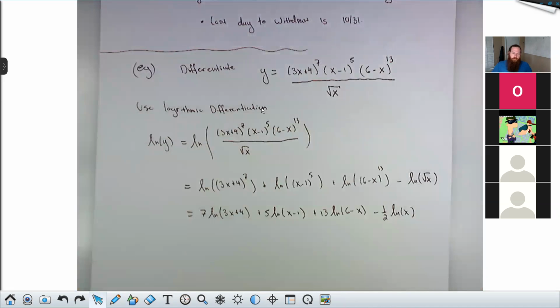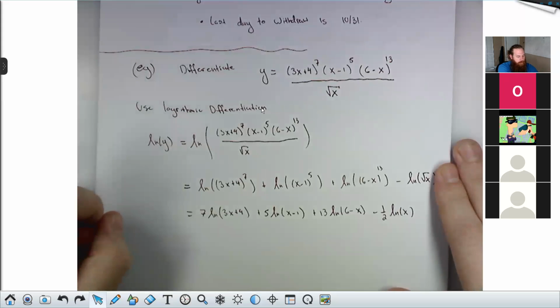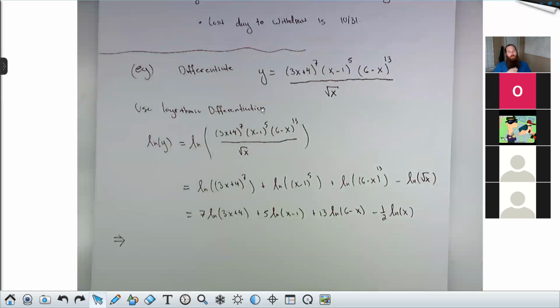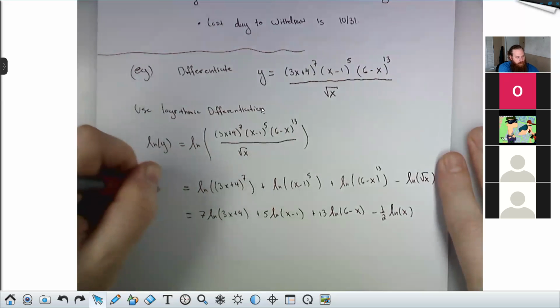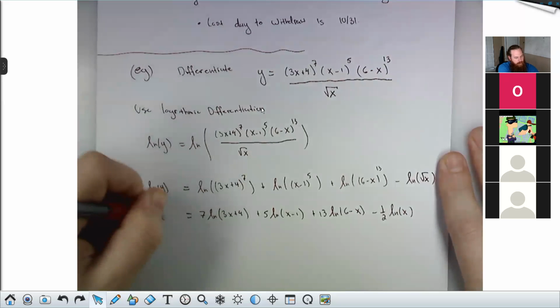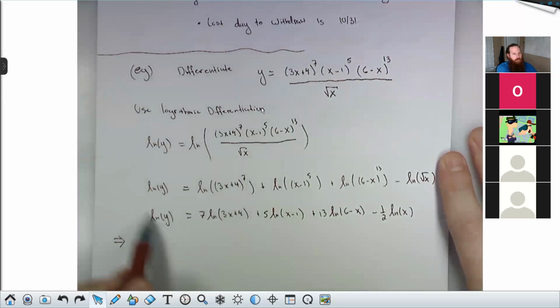And by first expanding everything using these log properties, we turn all of the multiplication and division into addition and subtraction, and all of the powers into constant multiples. This makes the differentiation step itself much, much nicer. So now I differentiate on both sides with respect to x. My left-hand side here, remember, is the natural log of y. So when I differentiate this with respect to x, what do I get?